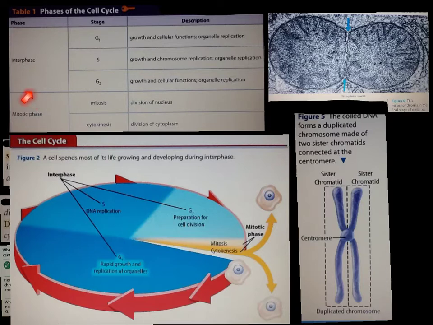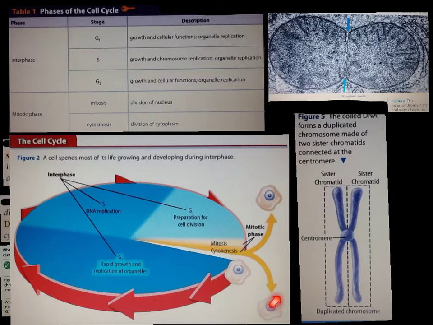You'll also notice mitotic phase, mitosis is right here, and cytokinesis, which is right here, the 2 lines, and then the division of the cell into identical twos.